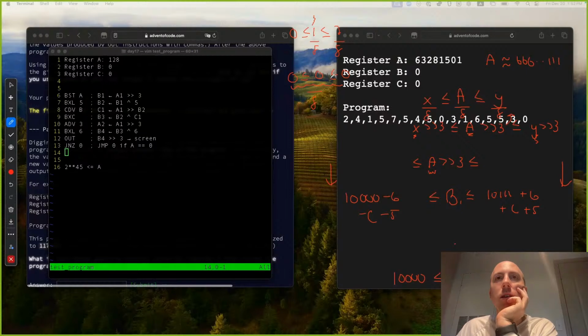This inequality is still going to hold, but recovering these differences is kind of tough.